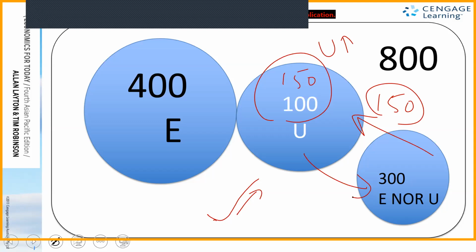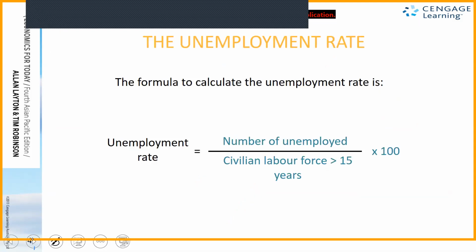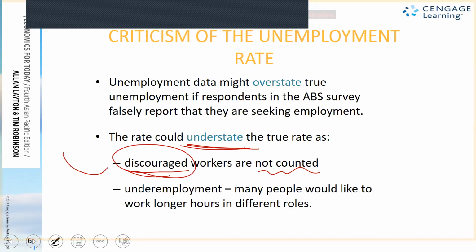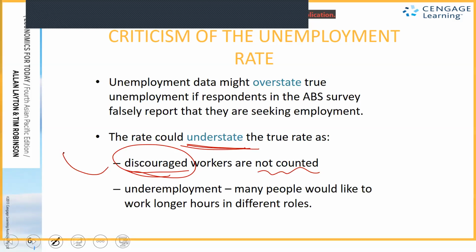It is the people who have felt discouraged and have left the workforce. So that is important: discouraged workers are not counted. Who are these discouraged workers? One more time, someone looking for a job almost for a year, does not get a job, is discouraged, leaves the workforce, as in stops looking for the job. And the clause was, if you are not actively looking for a job, you are not considered unemployed.